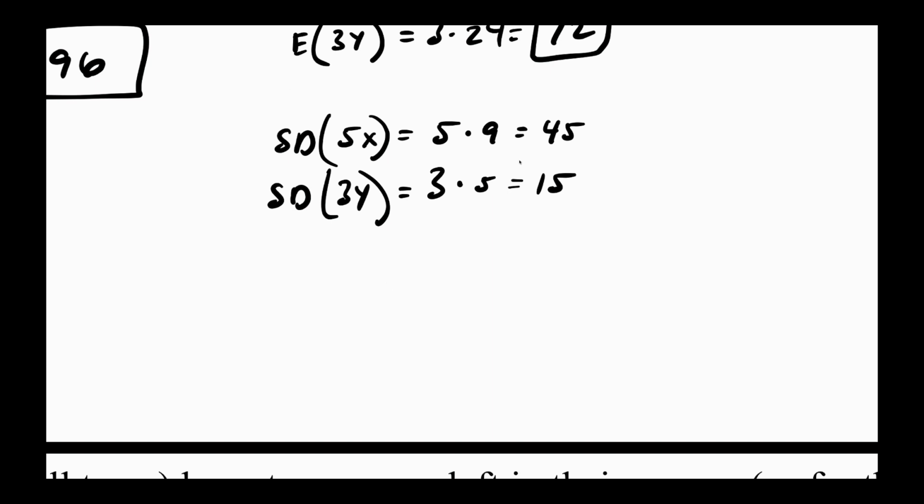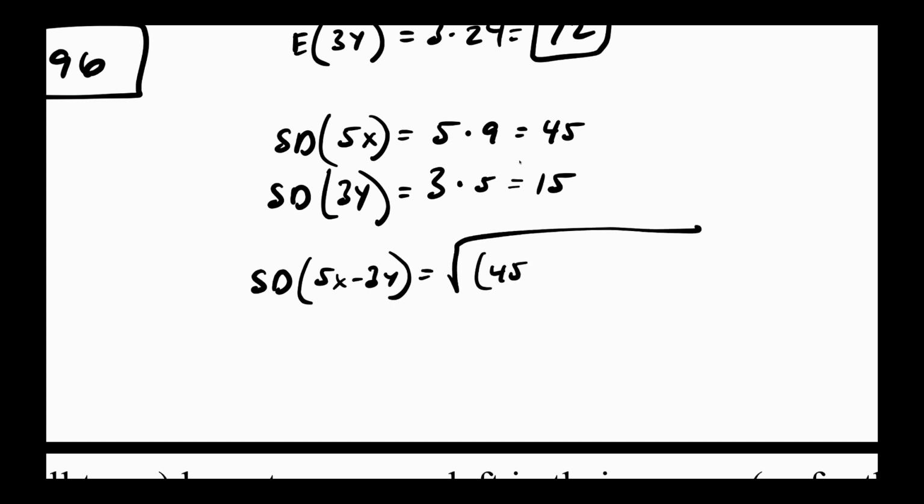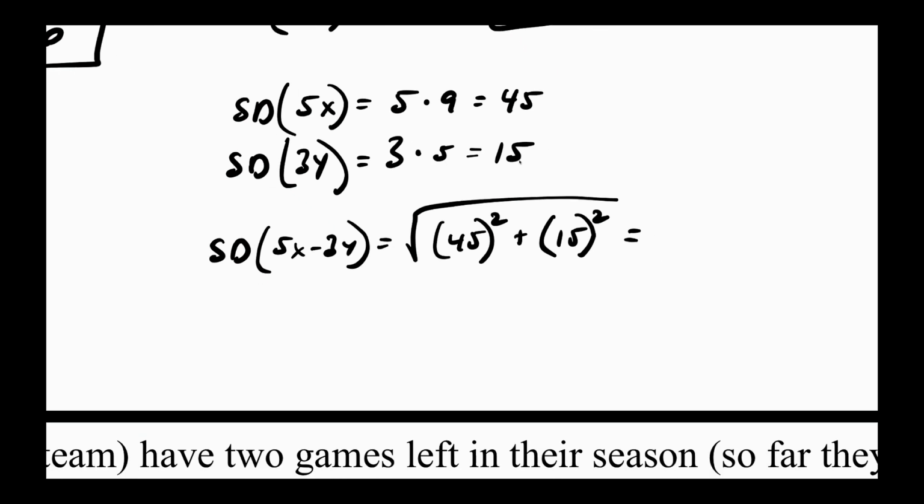Now there's a minus sign in the middle, but I can't subtract them. To find the standard deviation of this, I have to use what I've used in the past. 45 squared, 15 squared, add them together, take the square root. 47.434.